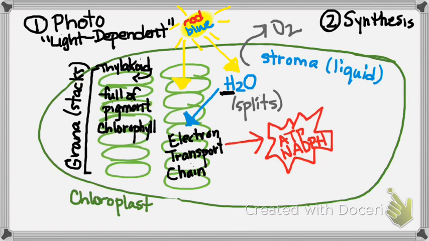Now, on the second half, the right half of your chloroplast, hopefully you've left that open, we're going to complete the synthesis part. Because the purpose of photosynthesis is not to make ATP. What are we trying to make? We're trying to make cellular or chemical energy in the form of food. We need to make glucose.